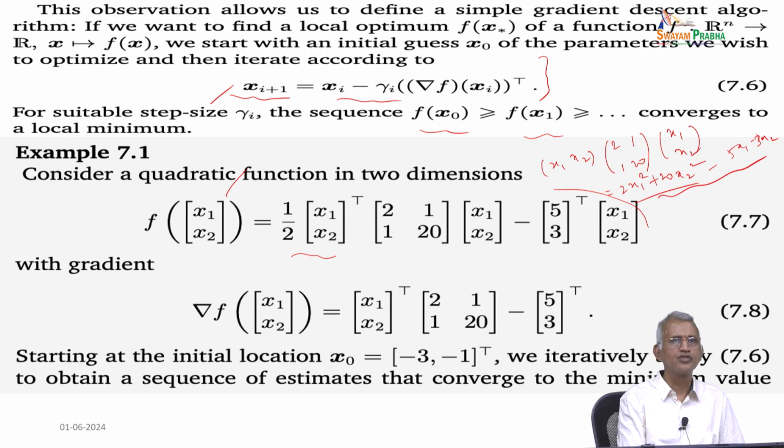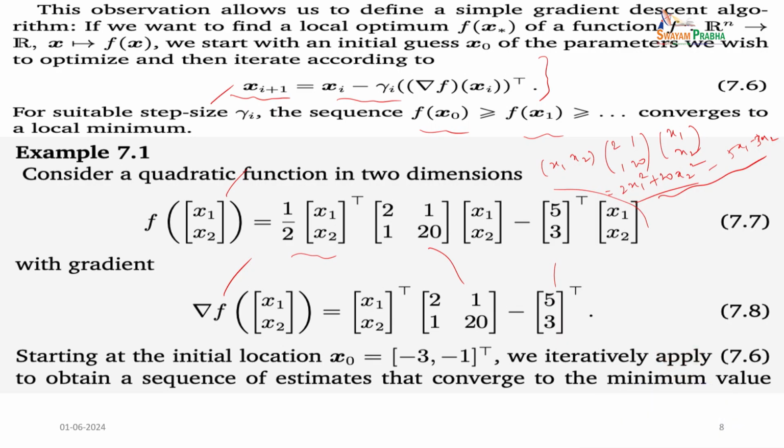So, we have to check the gradient. The technique is del of f of x1, x2. You take x1, x2 transpose times the matrix, minus this one; that is del f, because del f is dou f by dou x1 plus dou f by dou x2, and differentiate and simplify, you get this.